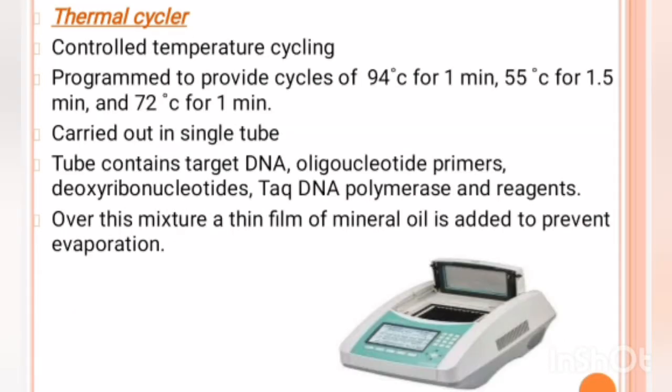PCR reaction is done with the help of a microprocessor called a thermal cycler. It is used for controlled temperature cycling.